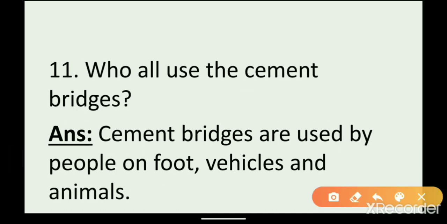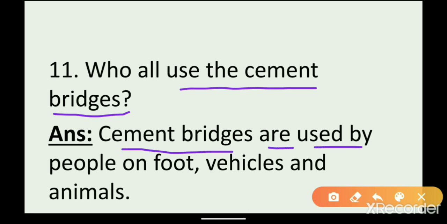Next, who all use the cement bridge? A cement bridge is a strong bridge made of cement, bricks, iron rod and concrete. Let's see who all can use that cement bridge. Cement bridges are used by people on foot, vehicles and animals.